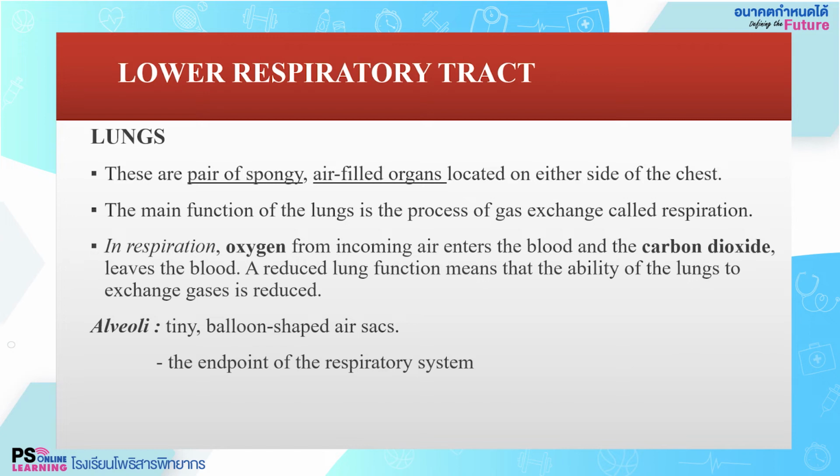The alveoli are lined by a fluid layer known as surfactant. The surfactant maintains the shape and surface of the air sacs, or the alveoli. So those are the parts of the respiratory system.